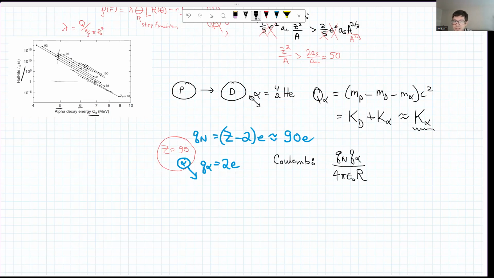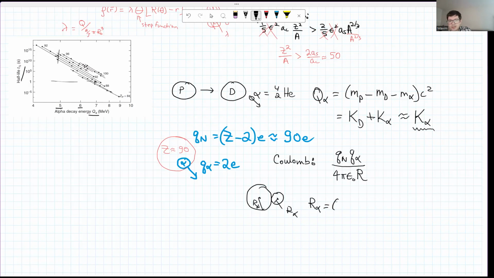Well, the separation, let's just say it's created in the nucleus. So why not just say maybe they're right next to each other, or even inside the nucleus. Let's just say it pops out right next to the nucleus. We know the radii here of the nucleus and of the alpha.